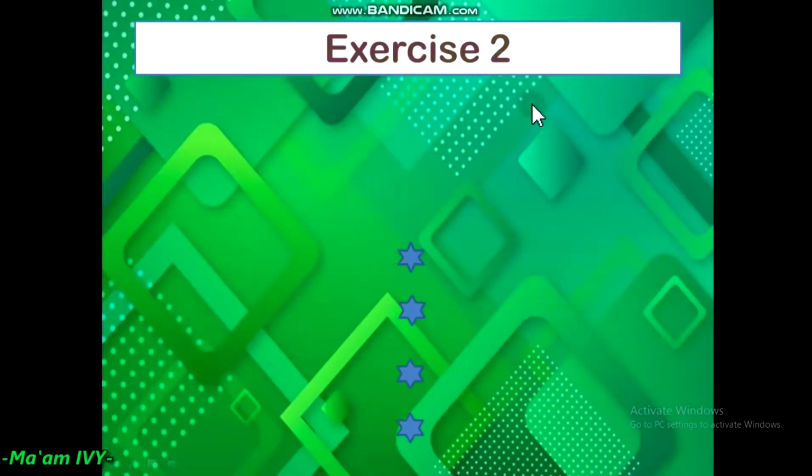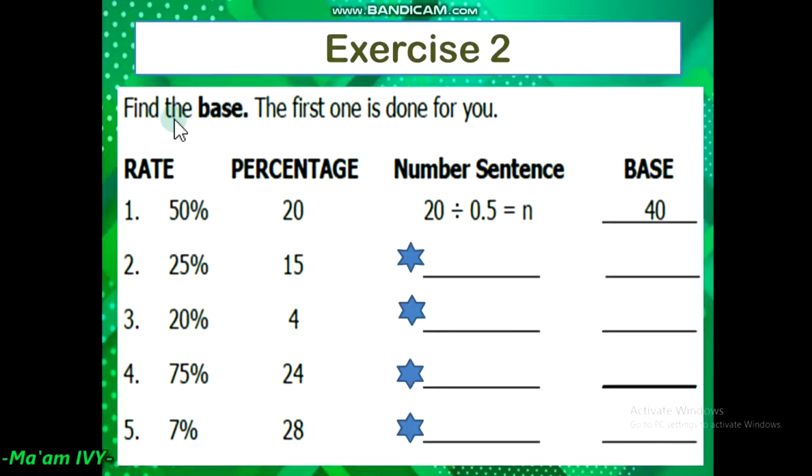For exercise number 2, find the base. The first one is done for you. You have here the rate, the percentage, the number sentence, and after solving your number sentence, you are going to write your answer under the base.